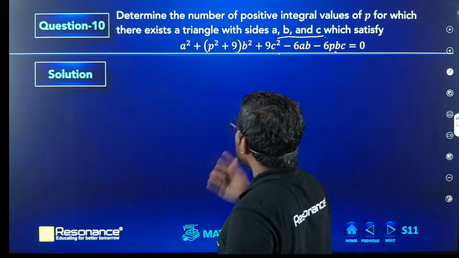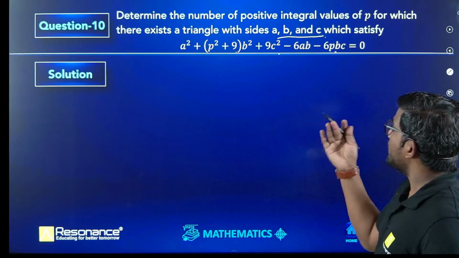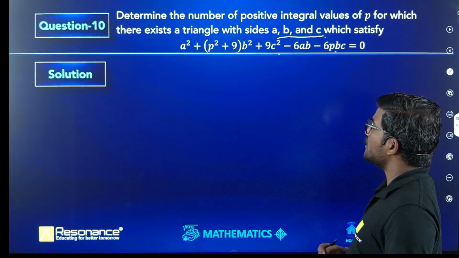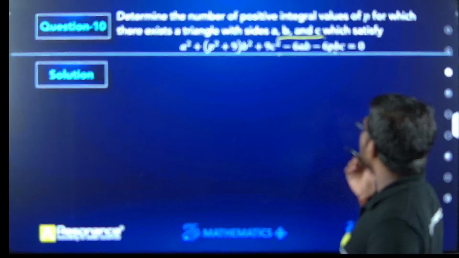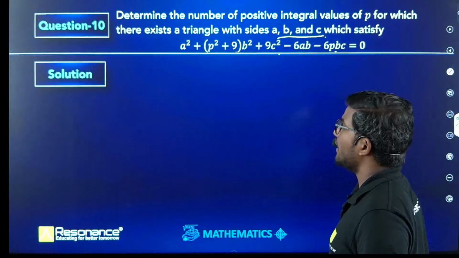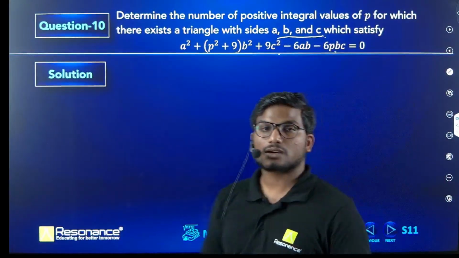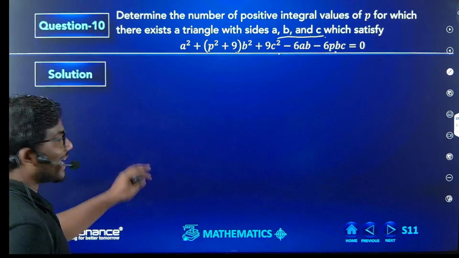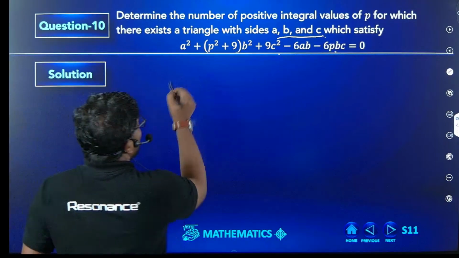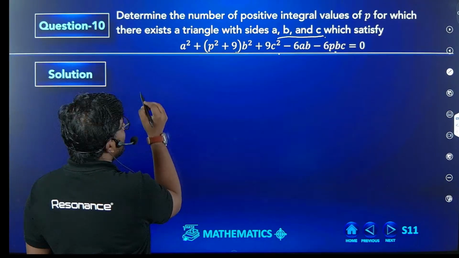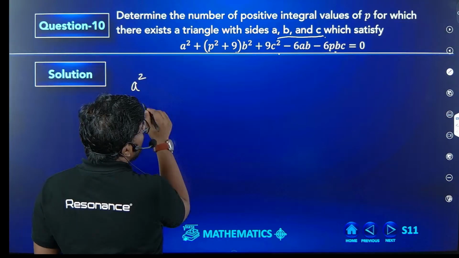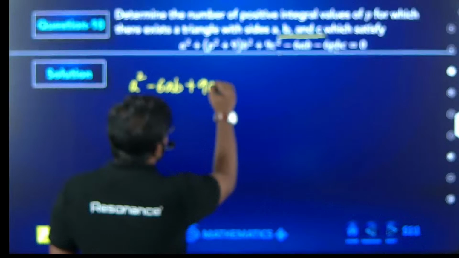Now obviously looking at the equation, my first instinct would tell me that we have to consider this a quadratic in A, but upon taking a closer look, we could understand that this actually completes the square. Now when you separate the terms, you would get A square minus 6AB plus 9B square.